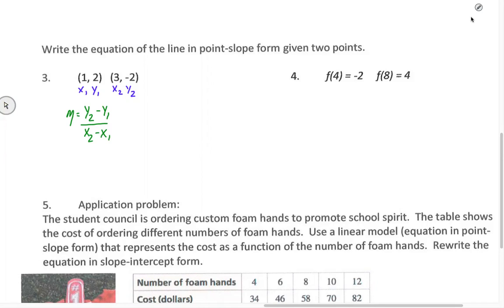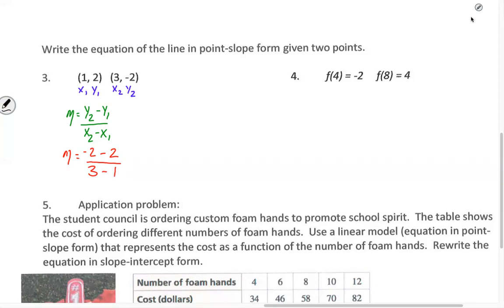What's our next step? Substitute. So we're going to do m equals -2 minus 2 over 3 minus 1.